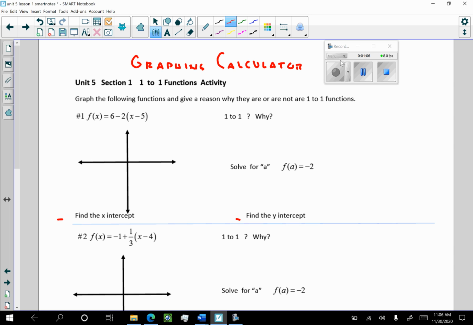First of all, is this a one-to-one function? Yes, and right off the bat, I can say this is a one-to-one function, since f of x is a non-constant linear function.